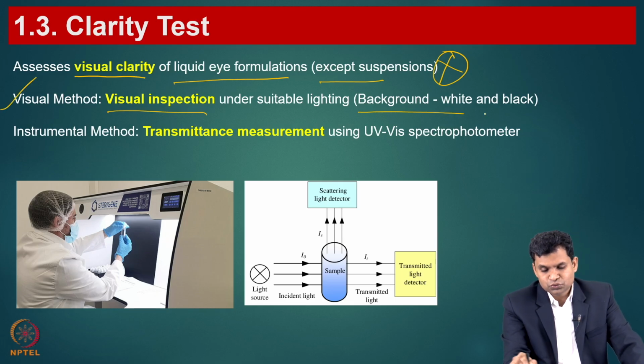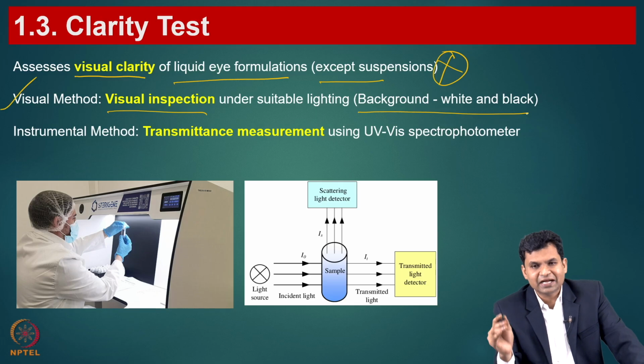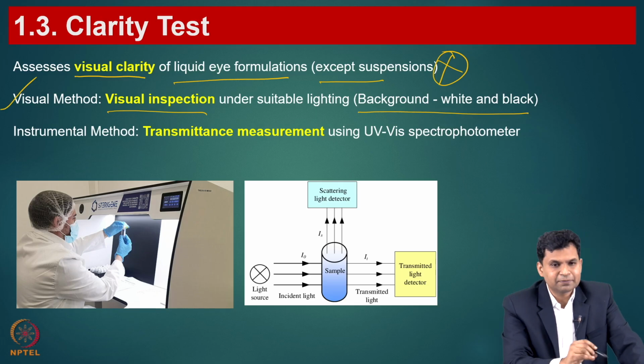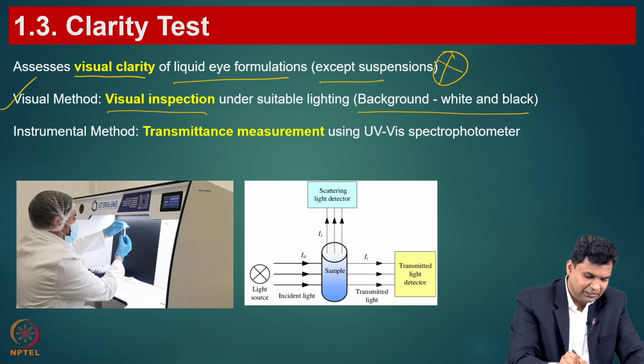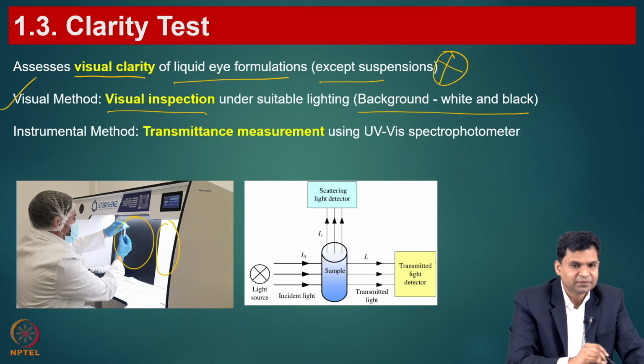Here we can use a background of white and black color. You can see the person checking the clarity of the product by placing the samples against the white and black background.